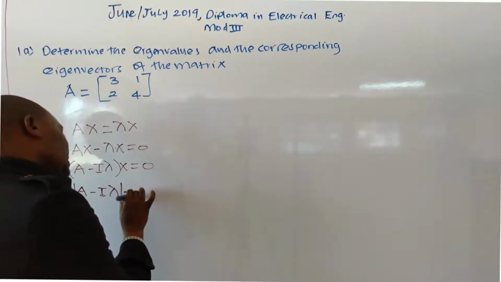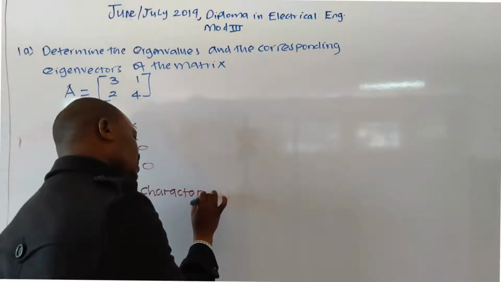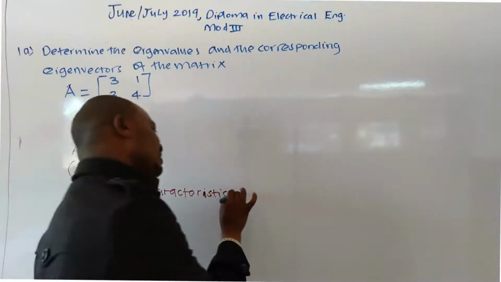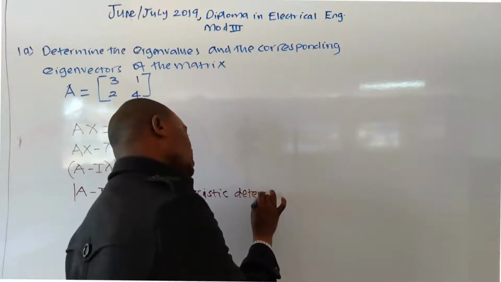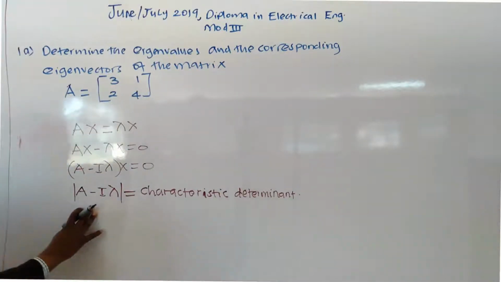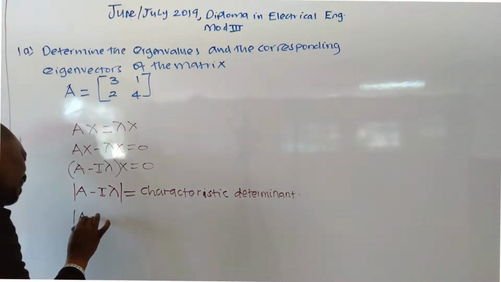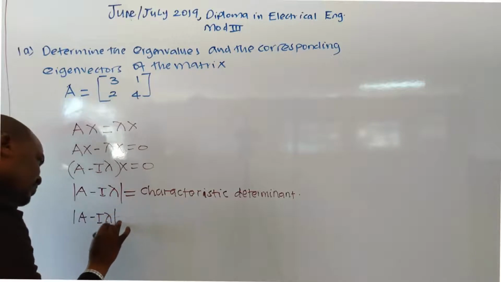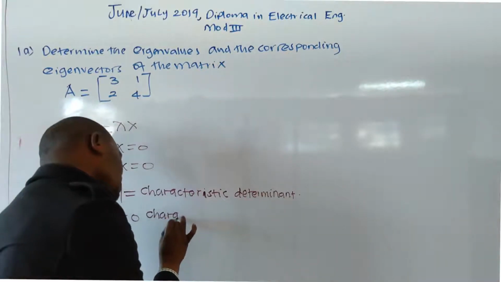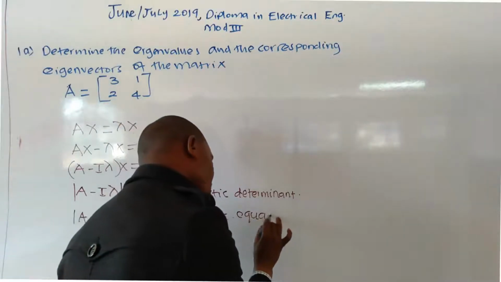This one we call the characteristic determinant. If we equate the characteristic determinant to 0, that is, A minus I lambda equals 0, this will be our characteristic equation.